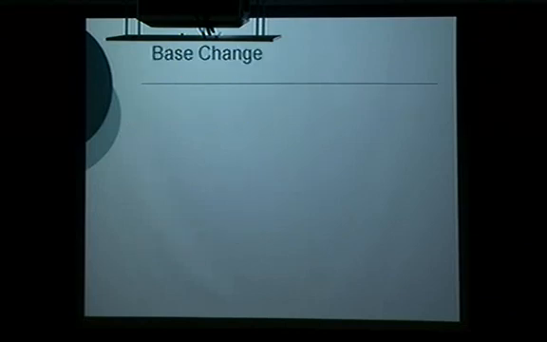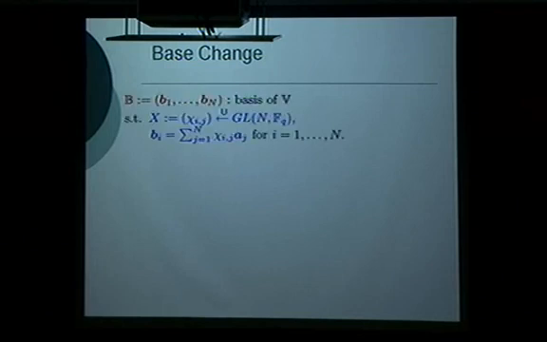So the next step in the concept is to introduce base change. Already we know the canonical basis, but we can allow freedom to select a basis, so any randomly selected n independent vectors can be a basis of the space.